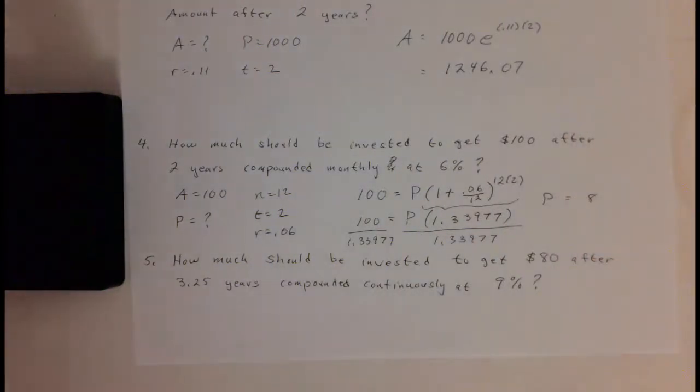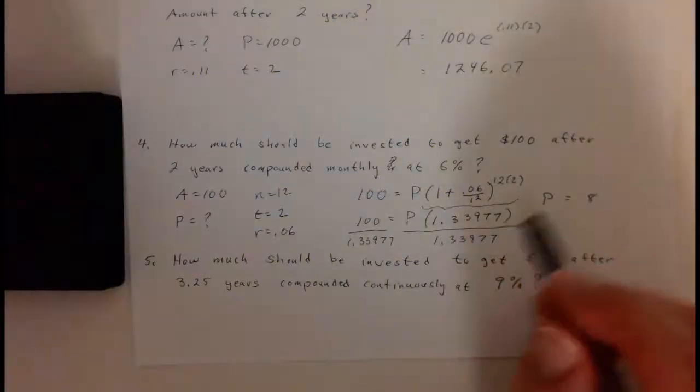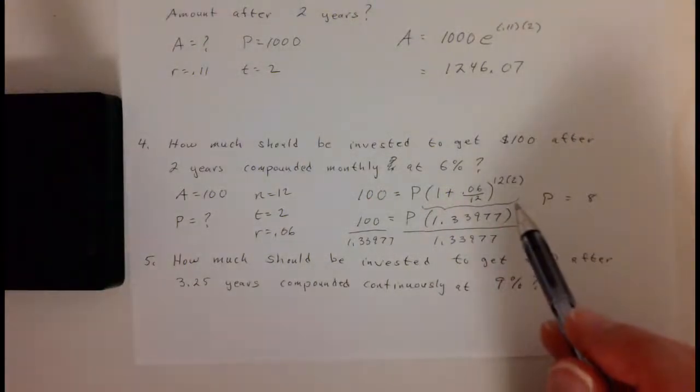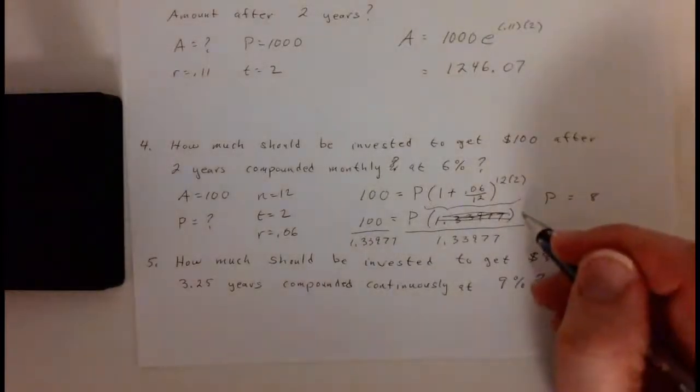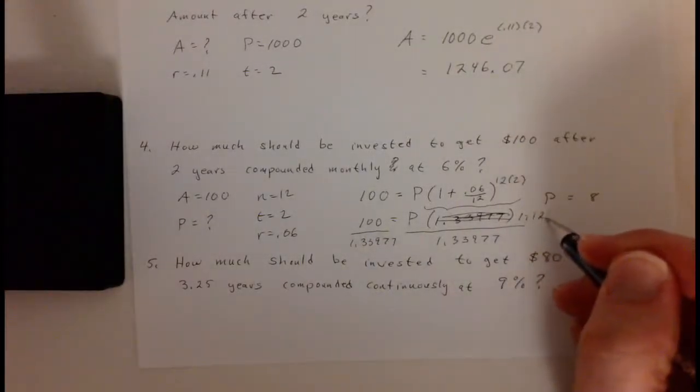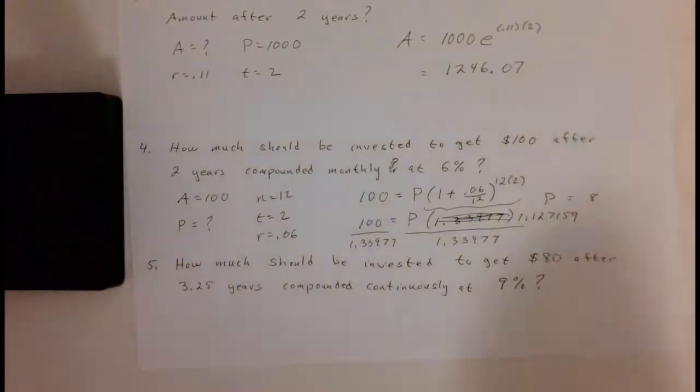I think we made a mistake here. That's okay. Yes, we did make a mistake. So let's go back. Live TV here. This is correct. This turns out to be 1.127159.